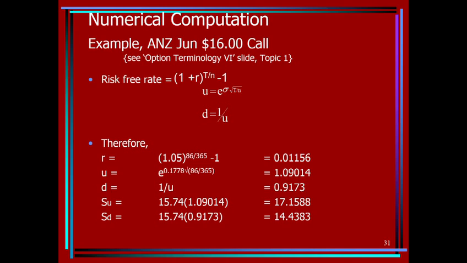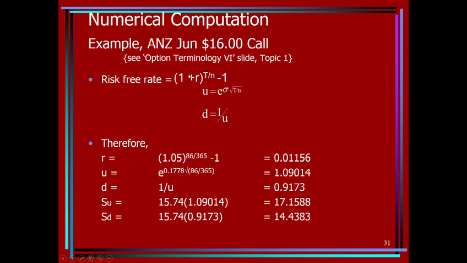Okay, so the same parameters from last week. I just want to show you how you can calculate your risk-free rate and how to calculate your U and D. Okay, and then with that, we will attempt to calculate the value of that option and see whether it is within the bid-ask range of what we saw in last week's slide.